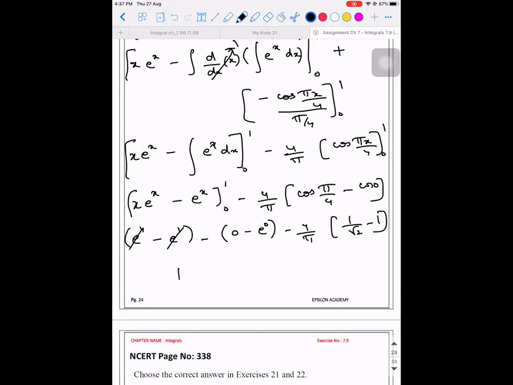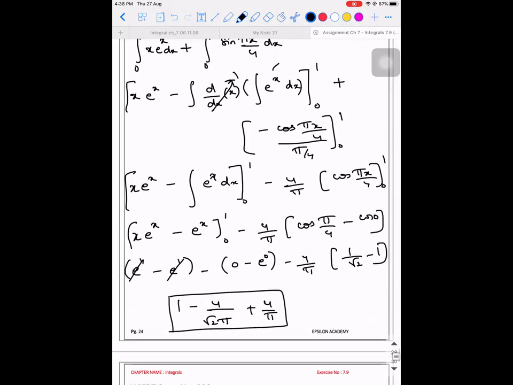Minus of minus e power 0 is 1. 1 minus 4 divided by root 2 pi plus 4 by pi is the answer. Can someone check the answer in the textbook and let me know?